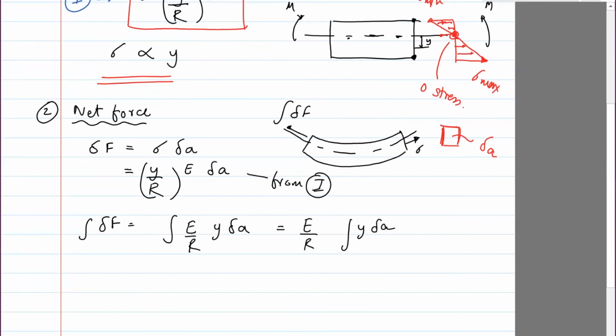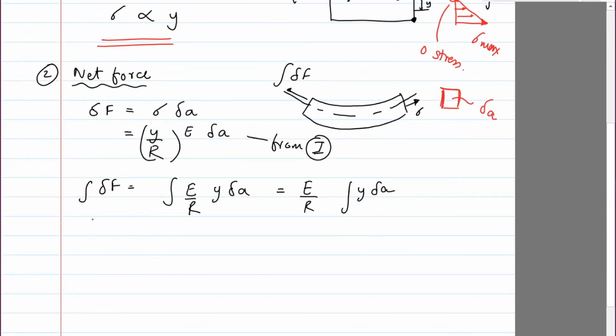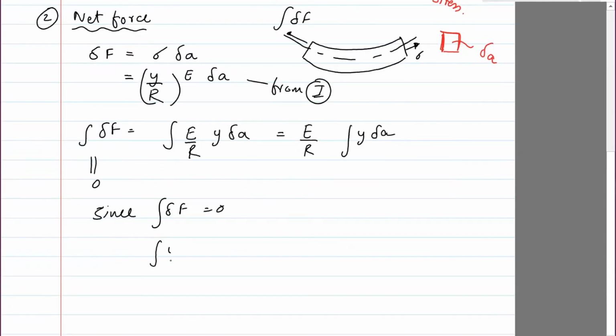Now, we know that when there's pure bending, the force in the horizontal direction is 0. So this quantity here is 0. So we have a peculiar relation which says that the integral of y dA is 0.